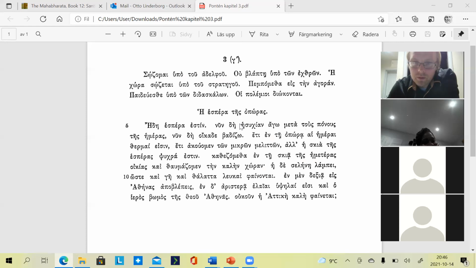So this could mean in itself just rest. I rest. Hesychian ago, I rest. Yeah, but it's actually I, because ago is first person singular. Means lead. In itself, this means lead. And hesychia is peace or quiet. So I lead quiet, literally this. But I would say that a good translation could be I rest.